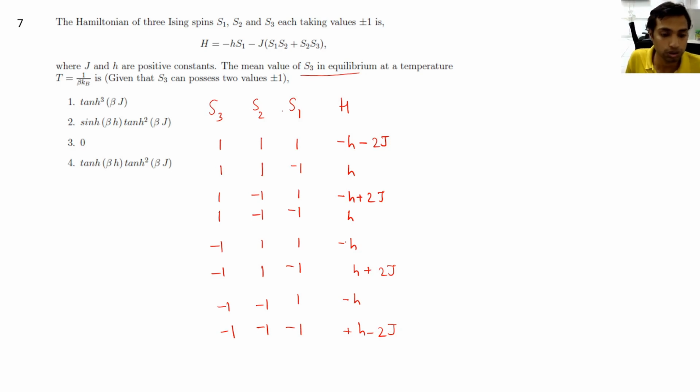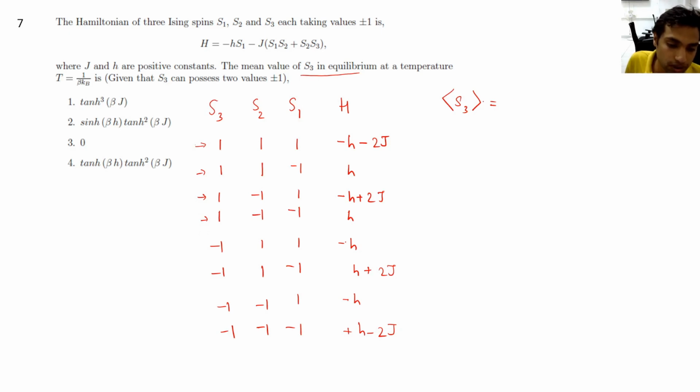Okay. So how do you find the mean value of S3? The average value of S3 is given by, so all of these 8 are the possible ways of the energy configurations.